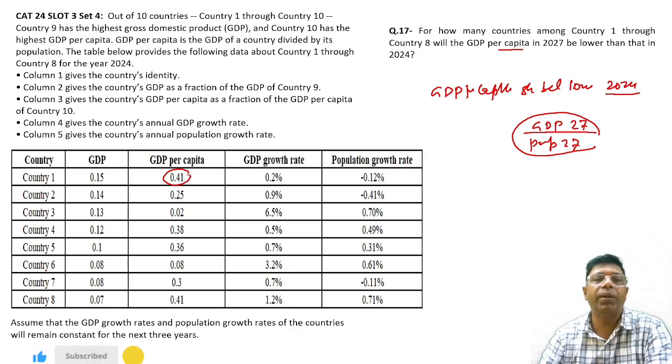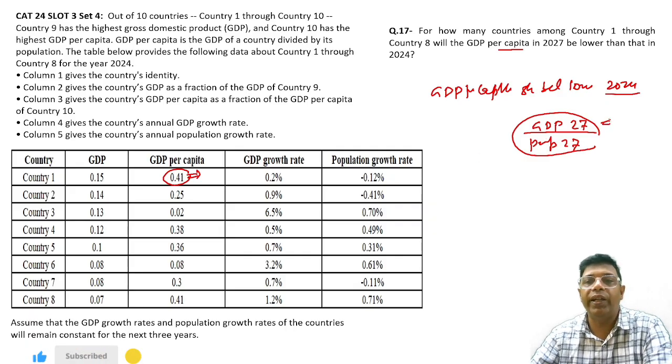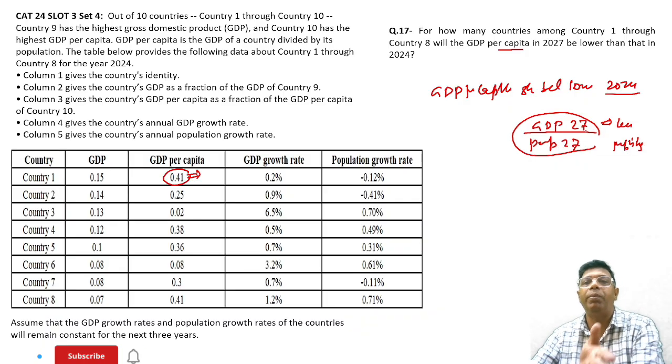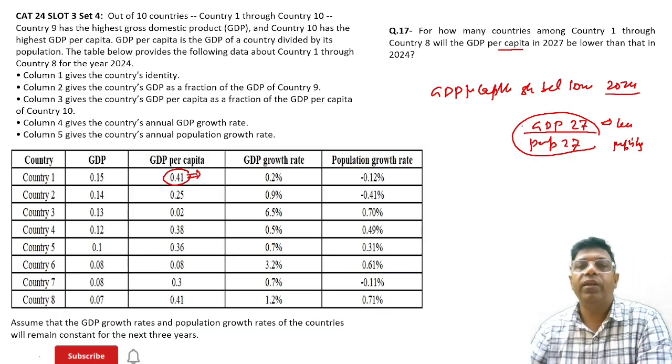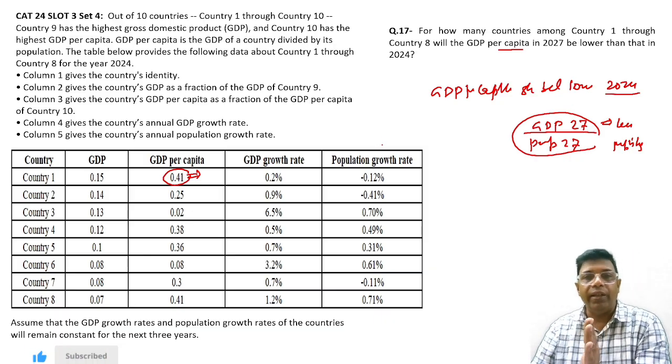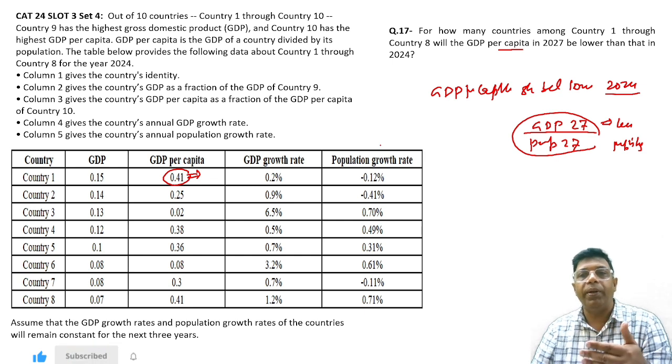Now, this value will only be lower when your GDP growth rate is less and population growth rate is high. See, the question is, in how many countries in 2027 is GDP per capita lower than 2024?